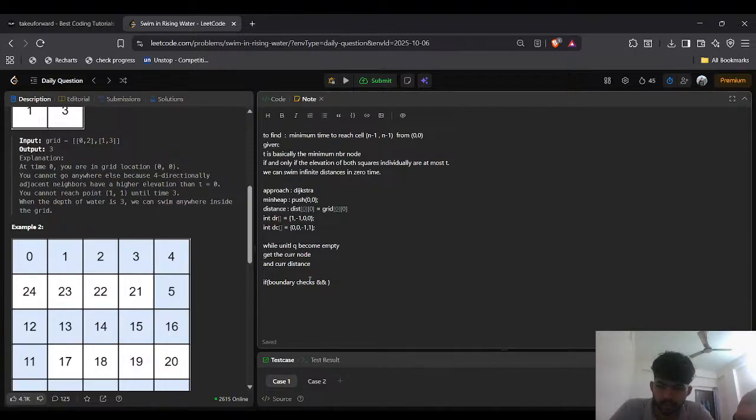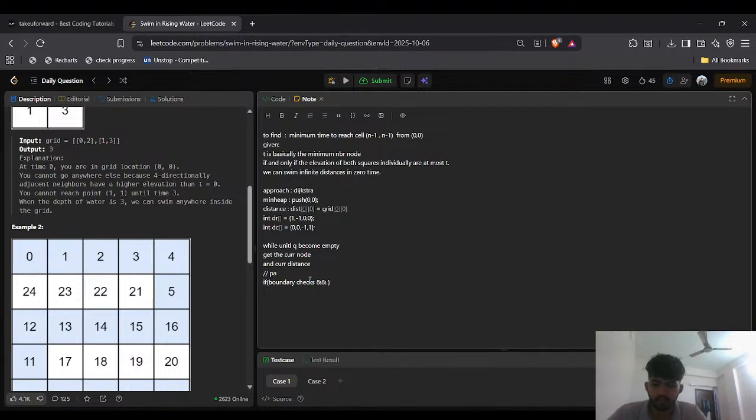I think we have to push in a queue, but for the distance we need to push the minimum of all. So I need pen and paper.